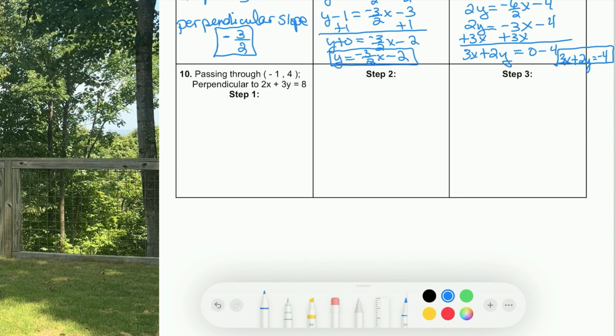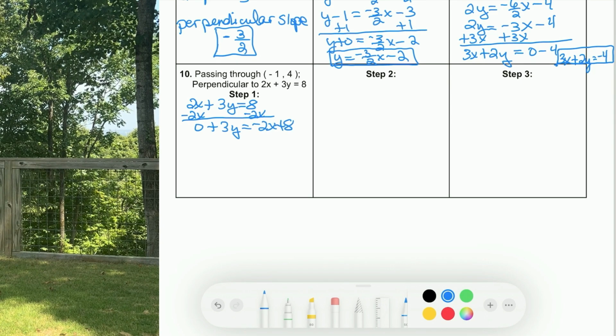Okay, so let's see here. We have 2x plus 3y equals 8. I'm going to subtract the 2x. I get 0 plus 3y equals negative 2x plus 8.